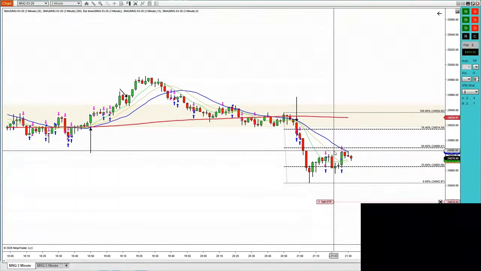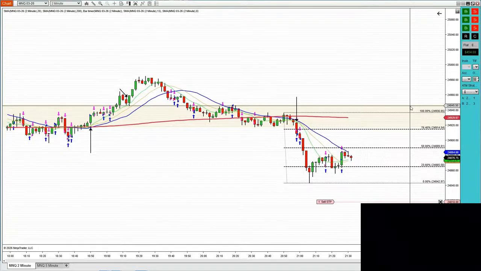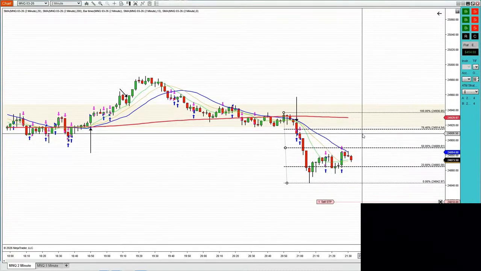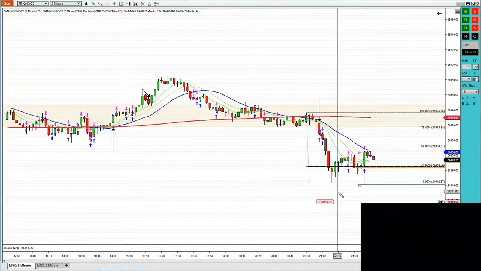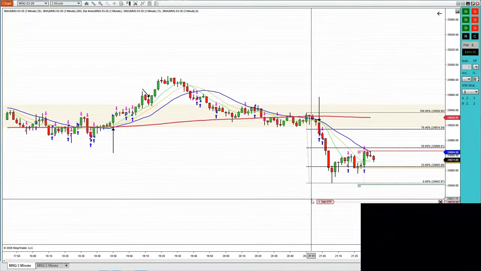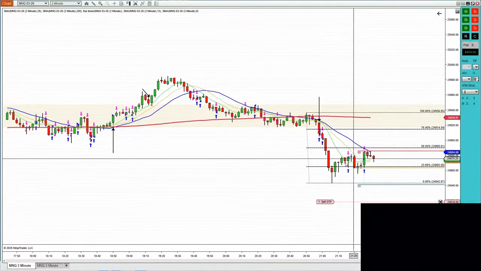Now, did this one get picked up? No, it didn't. Now, one or two contracts, if we get a strong push through this.